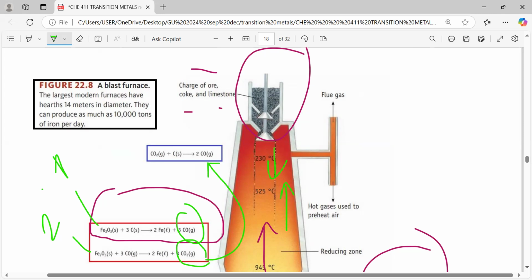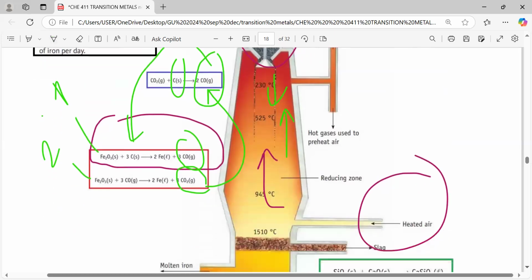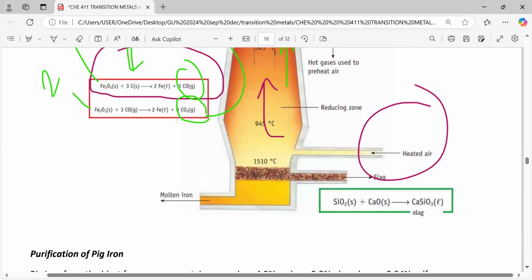So as CO2 moves upward, it meets carbon, they react, they form more carbon monoxide, and this carbon monoxide again goes in the same reaction, and the cycle continues. And what else have we talked about is the slag.